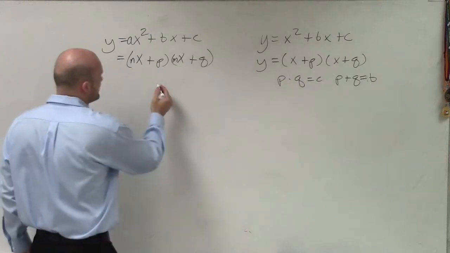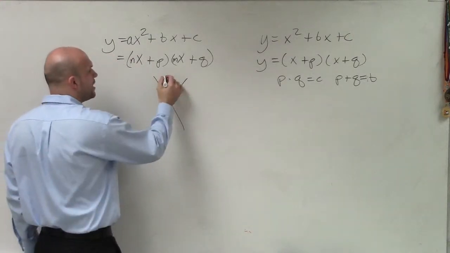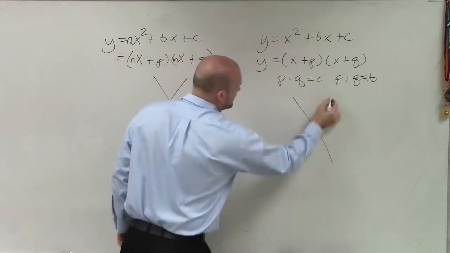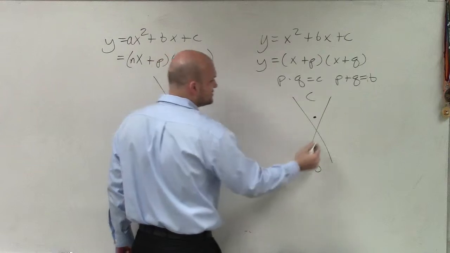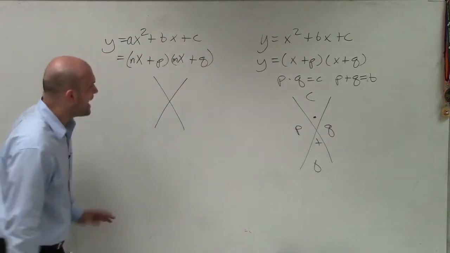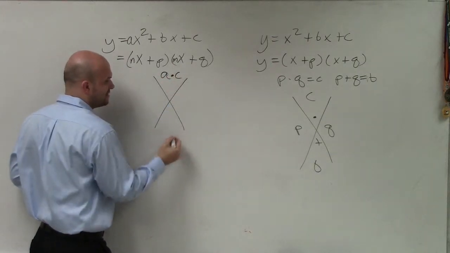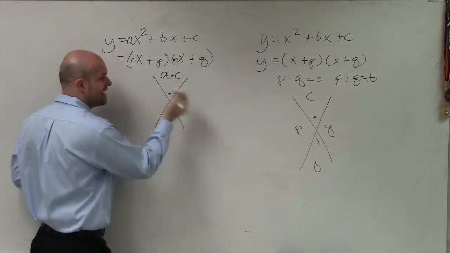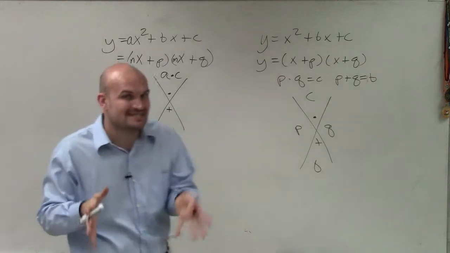But the main important thing when you're doing this is that now, instead of finding the values, so over here, we had c and b. What two factors multiply to give you c, add to give you b? And we call those two factors p and q. Now what we're going to be doing is finding the factors for ac that multiply to give you a times c, but then add to give you b. And again, this is just one technique.